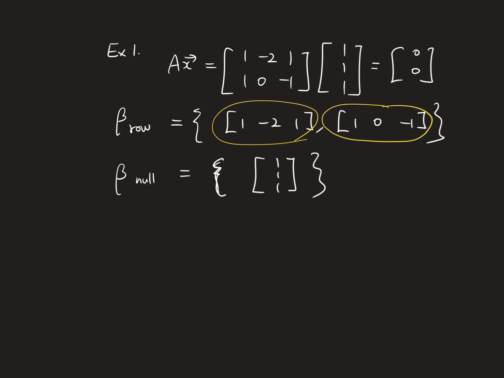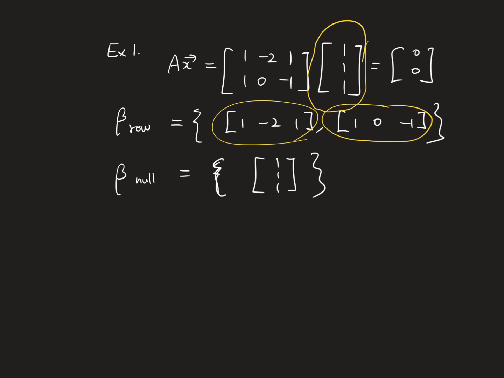So the dimension of the null space is equal to 1. That's the number of free variables. We find one non-trivial vector for this Ax equals 0 equation, and so the null space basis is (1, 1, 1).